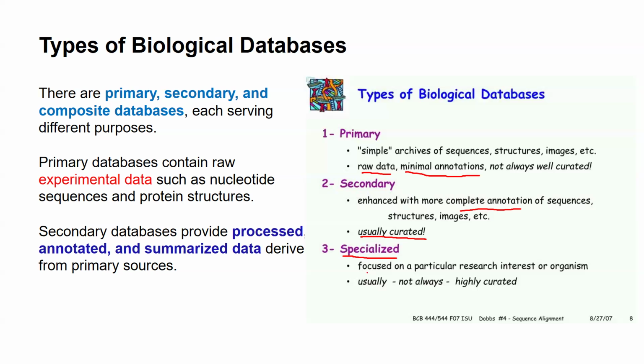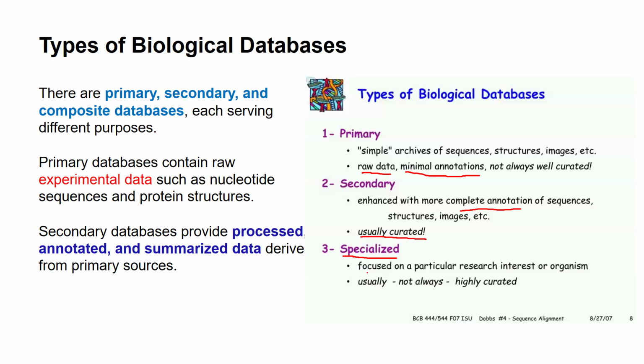So we have some databases that are specifically focused on a particular organism. We can have PlasmoDB, a database specifically for Plasmodium falciparum, which focuses on a particular research interest in Plasmodium.